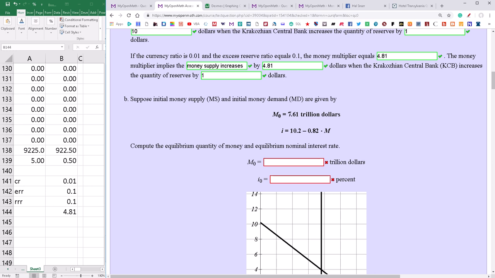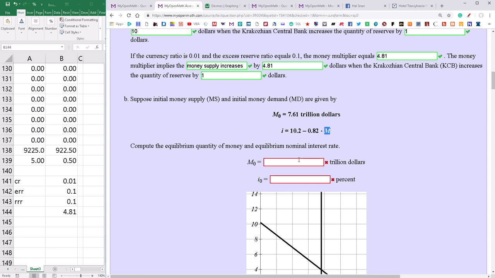So here's our original quantity of money, 7.61. This is the demand for money. We know it's the demand for money because it's downward sloping in the price of money, which is the nominal rate of interest, and the quantity of money. So the demand for money is the negative relationship between nominal interest rates and the quantity of money.